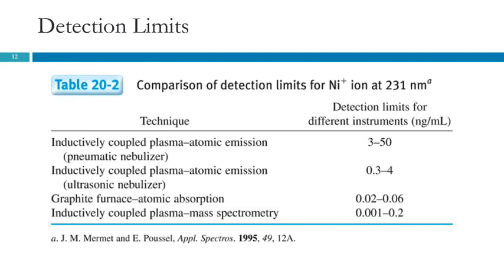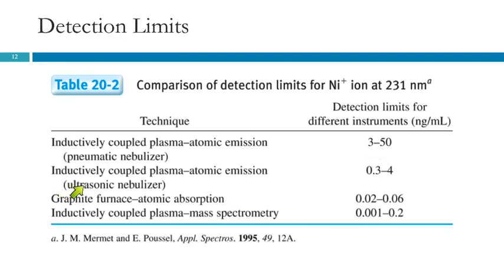It's a table showing some detection limits. This is looking at a nickel-1 ion at a wavelength of 231 nanometers. And it's just showing the different detection limits for different instruments. We've got the inductively coupled plasma, atomic emission with the pneumatic nebulizer, 3 to 50 nanograms per milliliter.